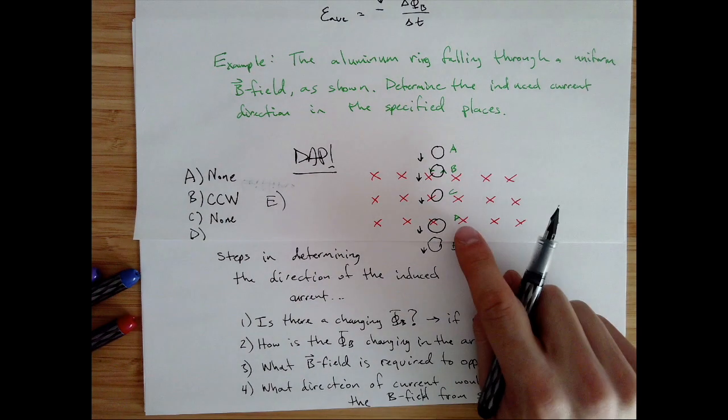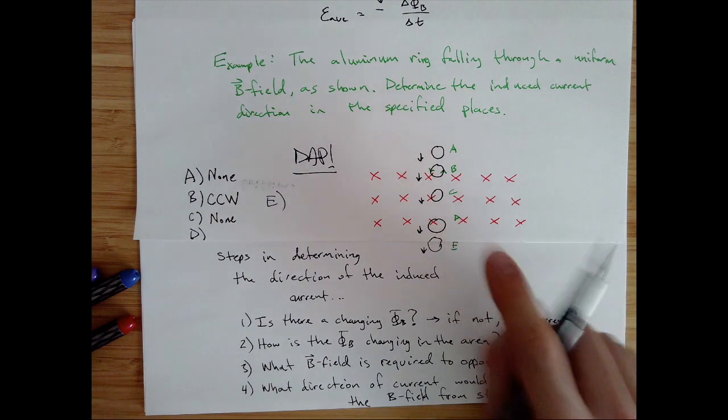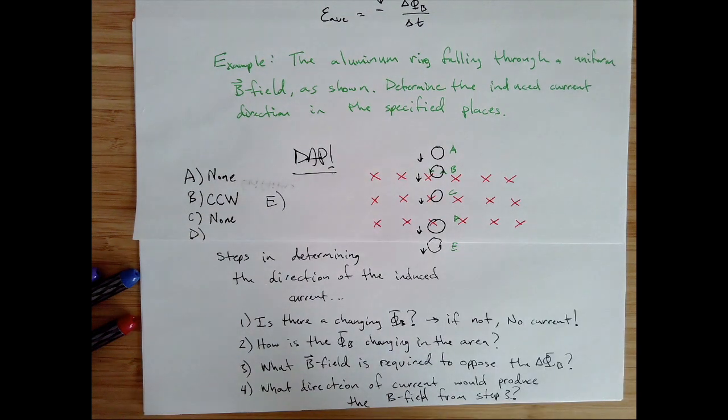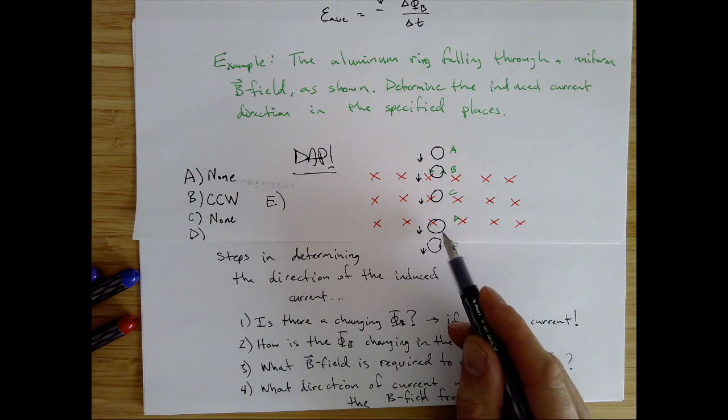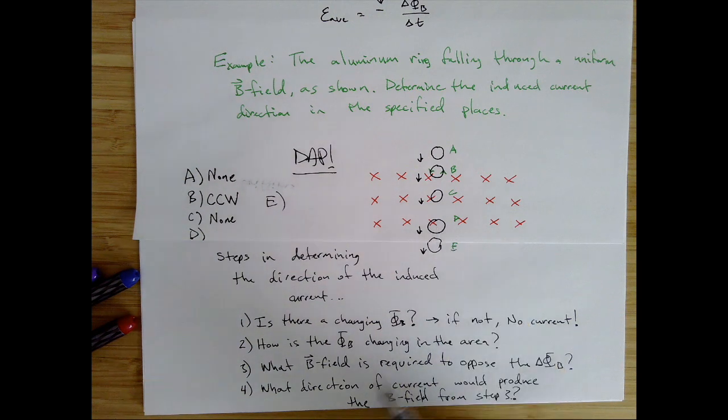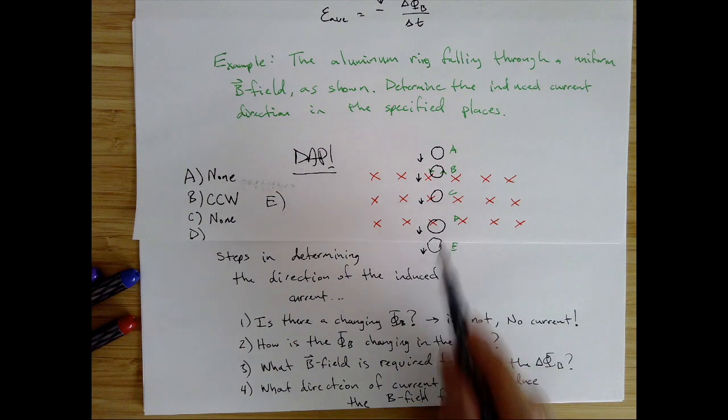How about for D? So D is leaving the field, so we have to go through these steps one more time. Is the flux changing? Well, of course, if it's leaving the field, it's losing magnetic field lines as it leaves the field. So that means that the flux is changing by the area losing X's.